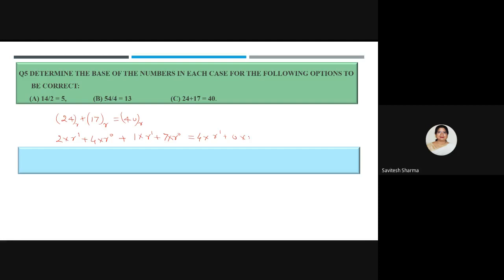Here I am applying expansion. So this is 2R plus 4 plus R plus 7 equals 4R plus 8. So you will have 3R on this side, and when I take one side, 4R minus 3R, and here it is 11. So directly you will get R equals 11. So this is the third answer.